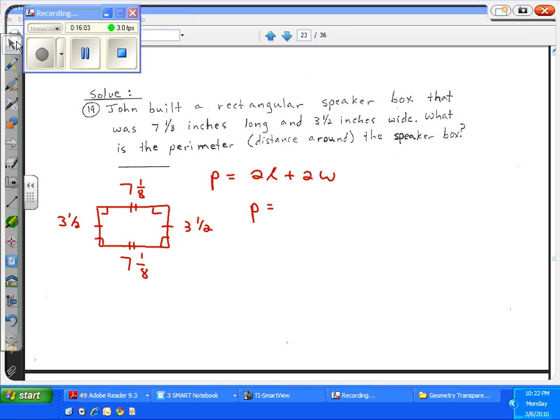So the perimeter would be 2 lengths at 7 1/8 each, and 2 widths at 3 1/2 apiece. We could just line them all up and find a common denominator, which would be 8ths, and then make equivalent fractions.